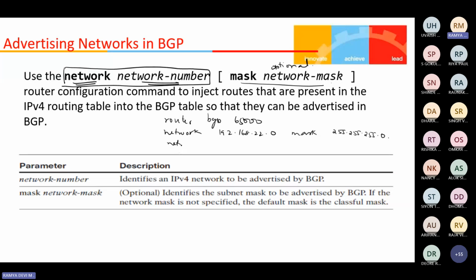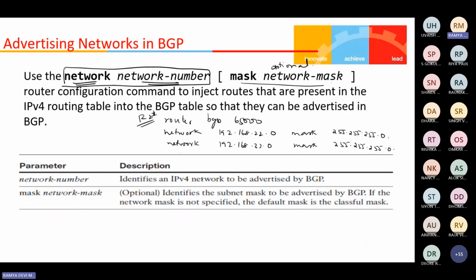Then I can advertise another network, 33.0, and the mask is the same one. Classful IP address. So I'm doing this on R2.